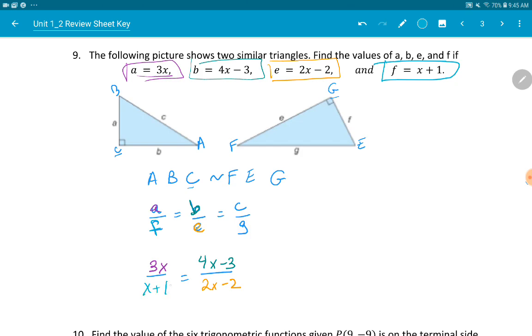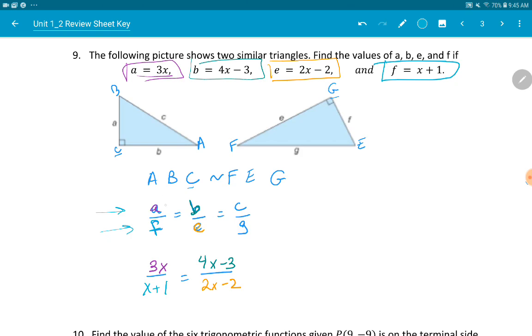So a couple things you want to be careful of here is that your ratios are consistent. For example, in mine, the numerator is always the ABC triangle. The denominator is always the other triangle.